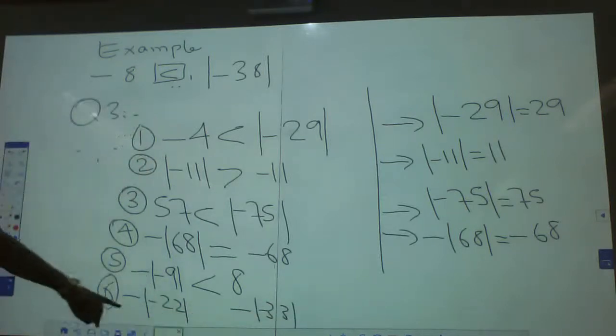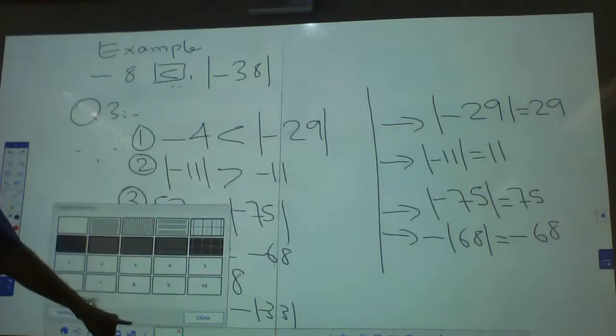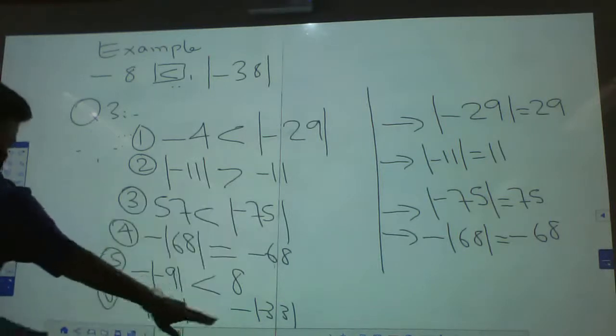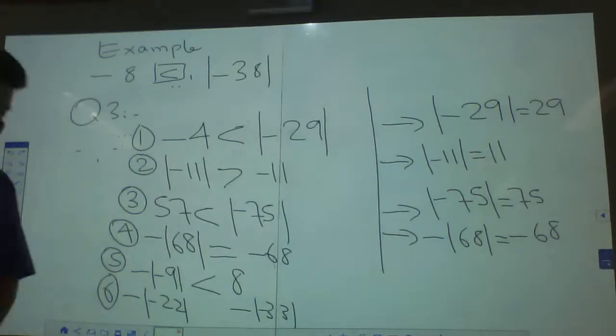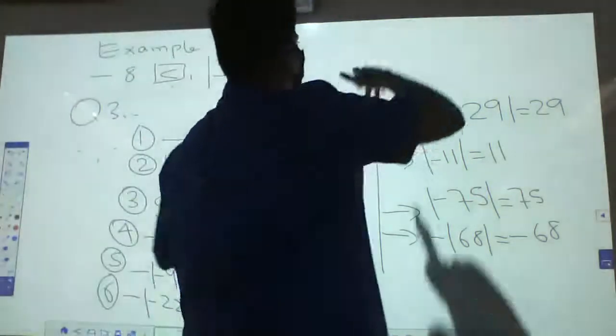So if we take outside this one, it will be minus 22, and this one minus 33. So it is smaller or bigger? Minus 22 and minus 33, bigger or smaller? Smaller? Okay, let me show you here.